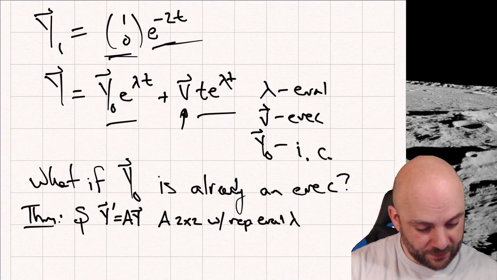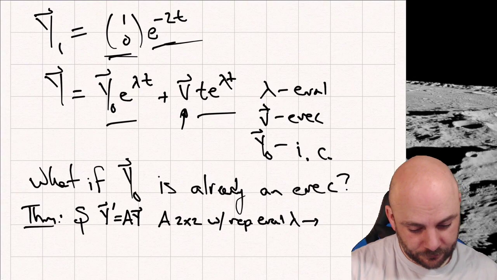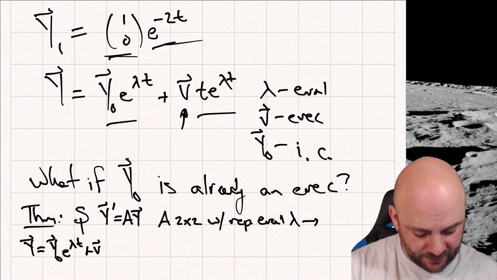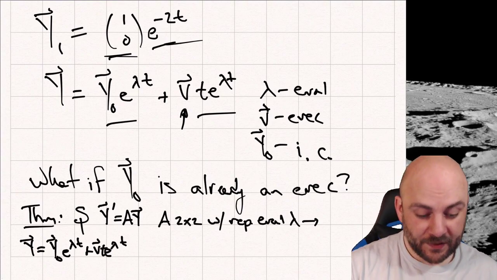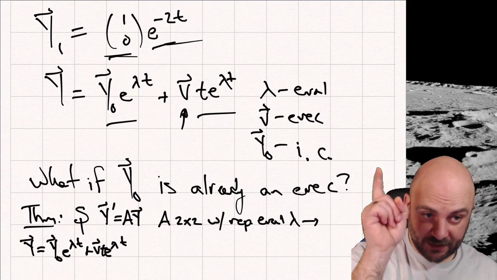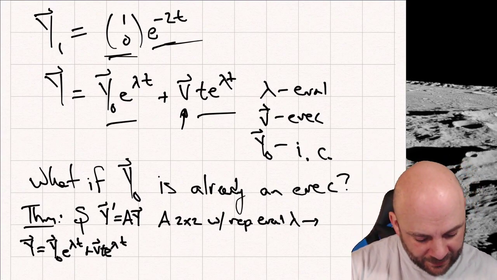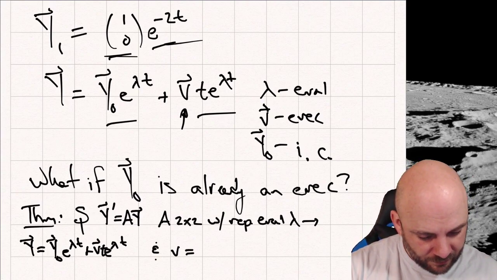Okay, then our general solution is y0 e to the lambda t plus v t e to the lambda t, with y0 and v defined as we've got them right here, and we find v from this equation right here.